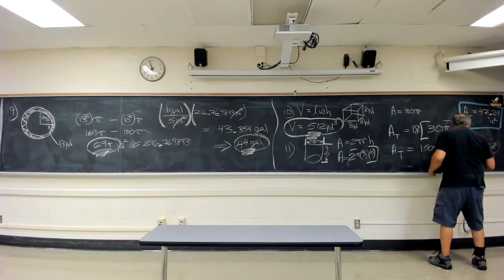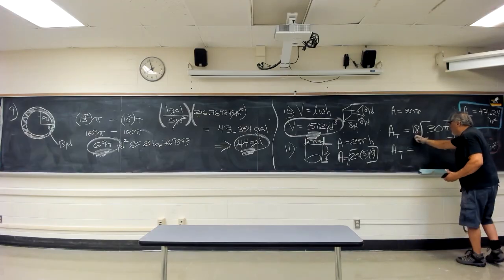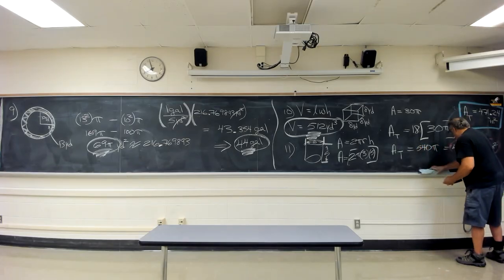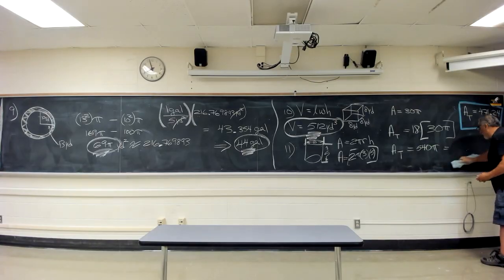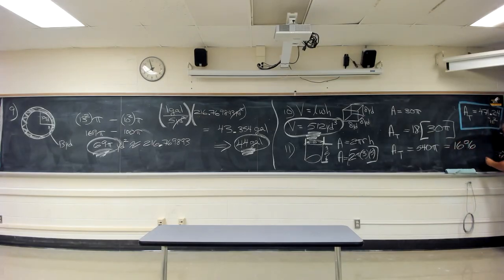And that's a different dynamic. 18 times 30 is 540. 540 times pi is basically the ballpark of where we want to go, and that's 1696.46 square inches.